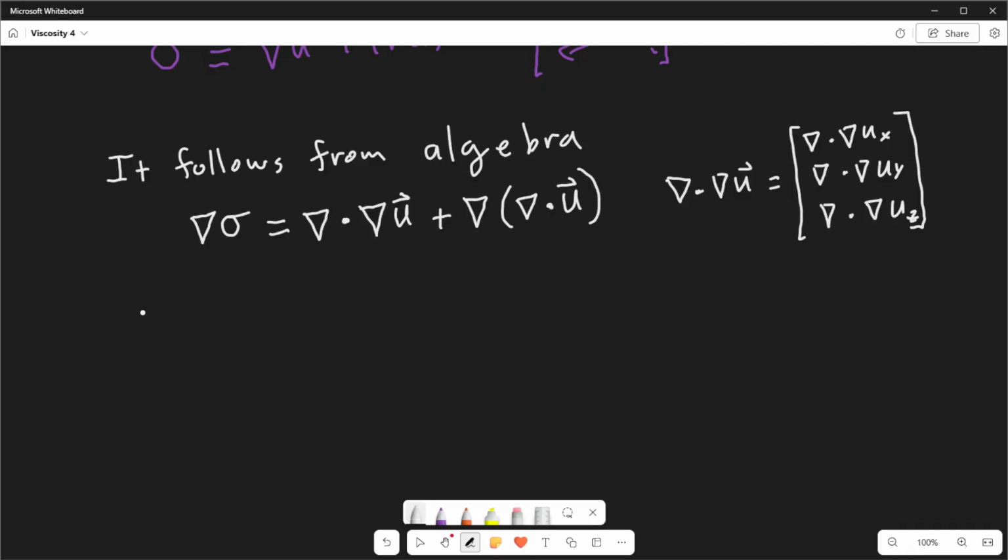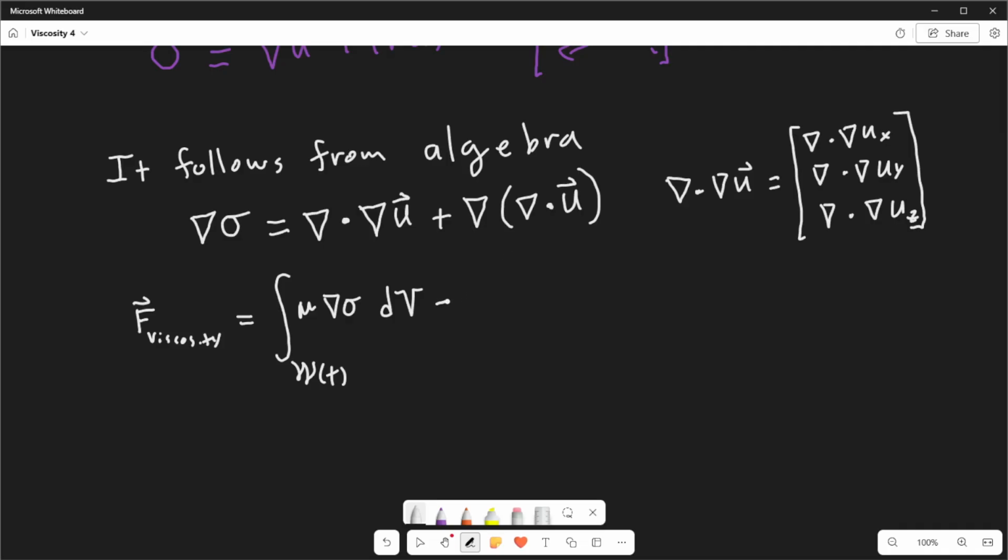So this turns out that first viscosity was basically found to equal the volume integral gradient sigma dV.